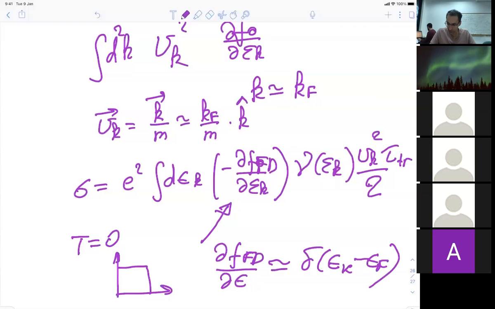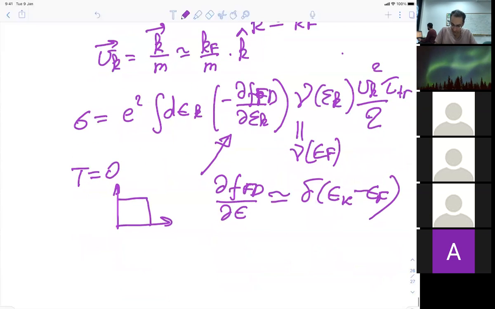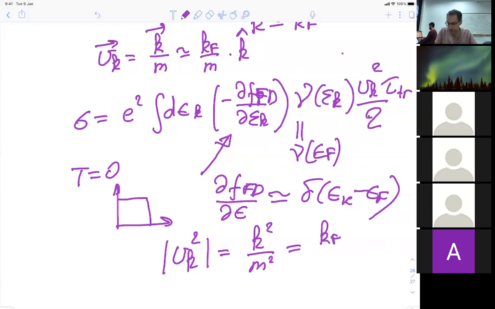And therefore all functions that depend on k smoothly, like the density of states, can be replaced by the density of states at the Fermi surface. And the absolute value of Vk squared, which is k squared over m squared, can be replaced by k Fermi squared over m squared, which is the same as V Fermi squared.